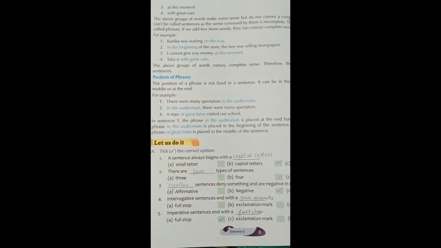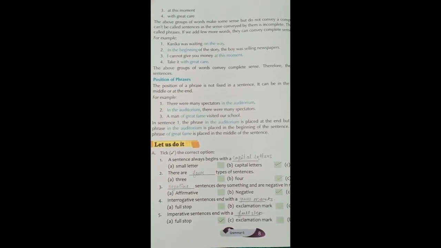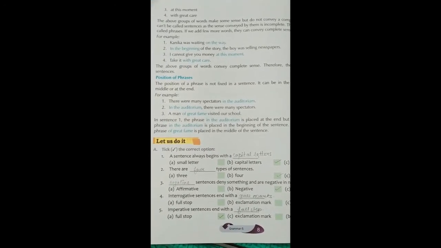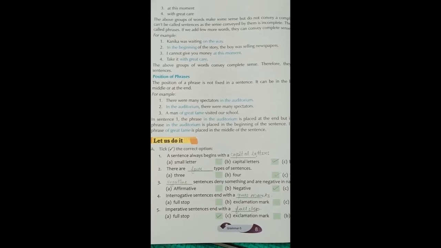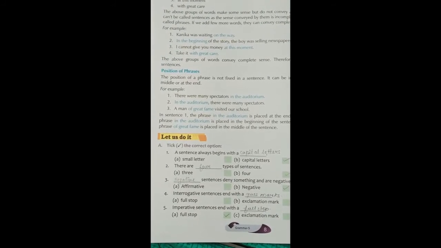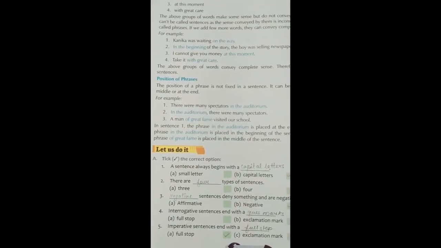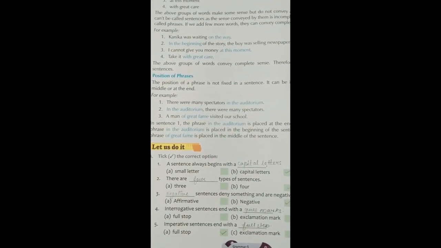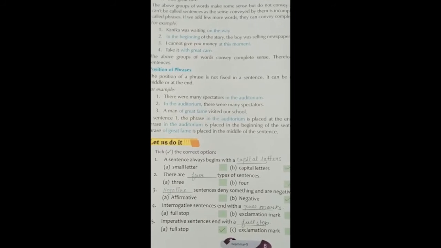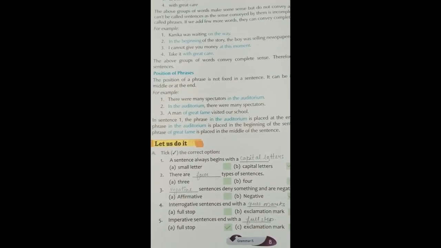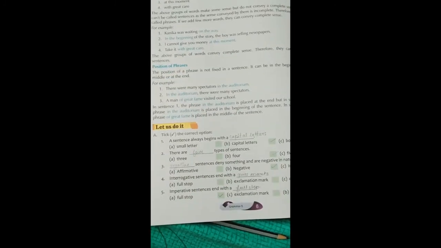Position of phrases. The position of phrases is not fixed in a sentence. It can be in the beginning, middle, or at the end. This paragraph tells that we can use phrases in the middle, the start, or the end.